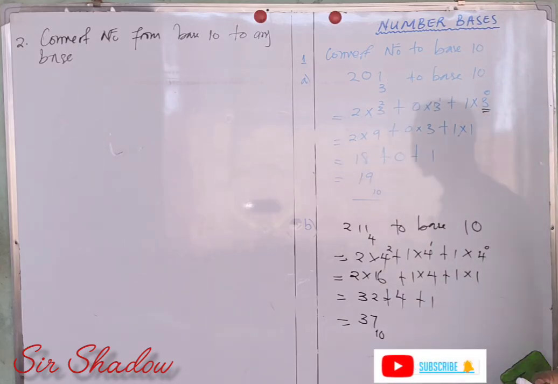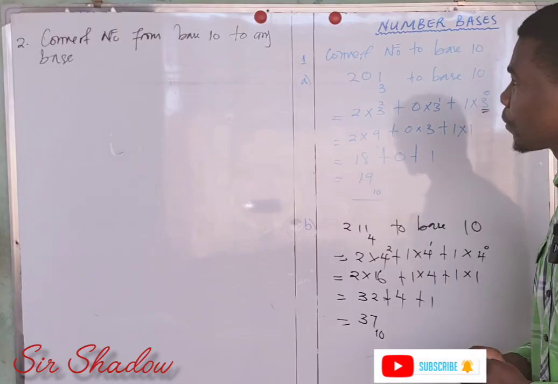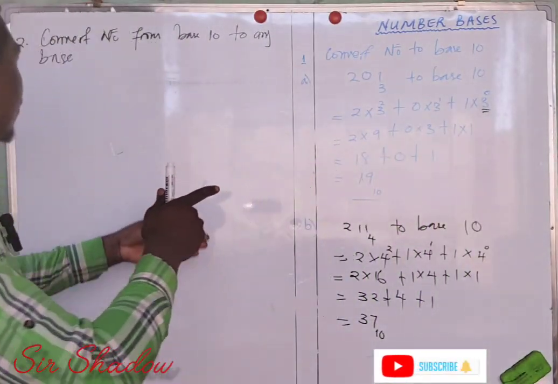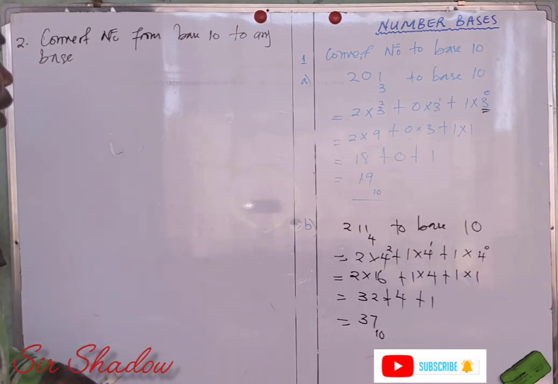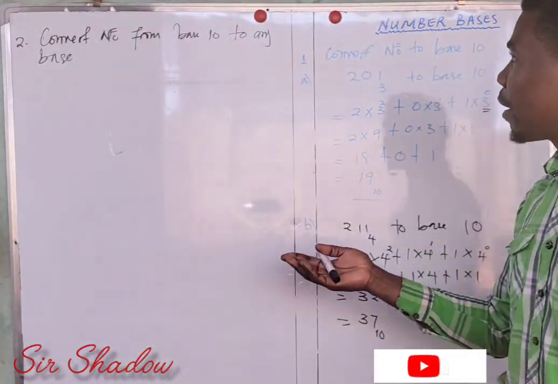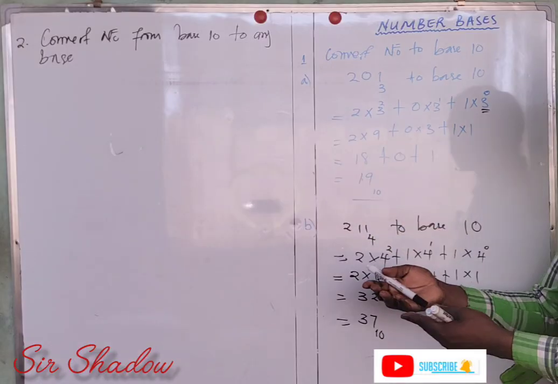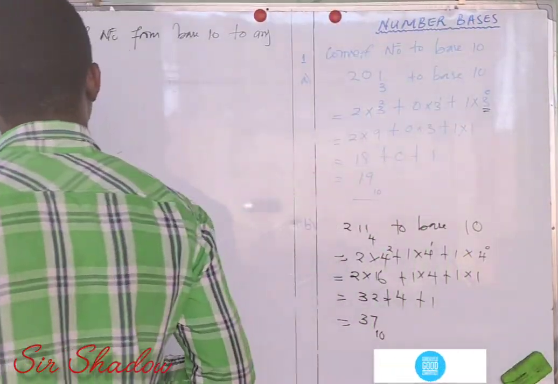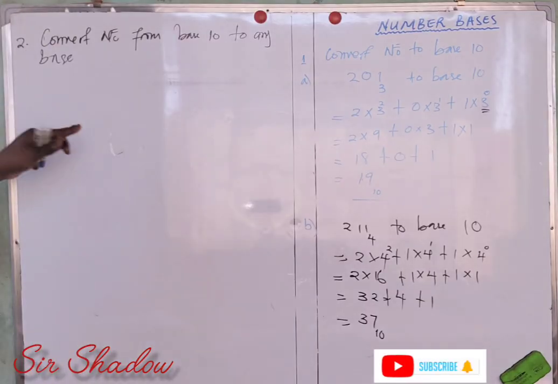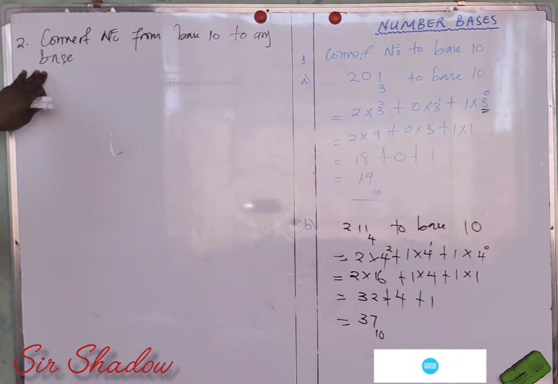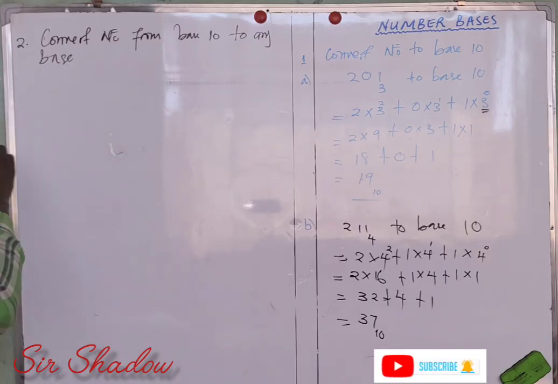But now we are moving from base 10 to n base. At some point, we might convert a certain number from base 10 to base 3, or from base 10 to base 4. All right. So let's see how we can work this out.